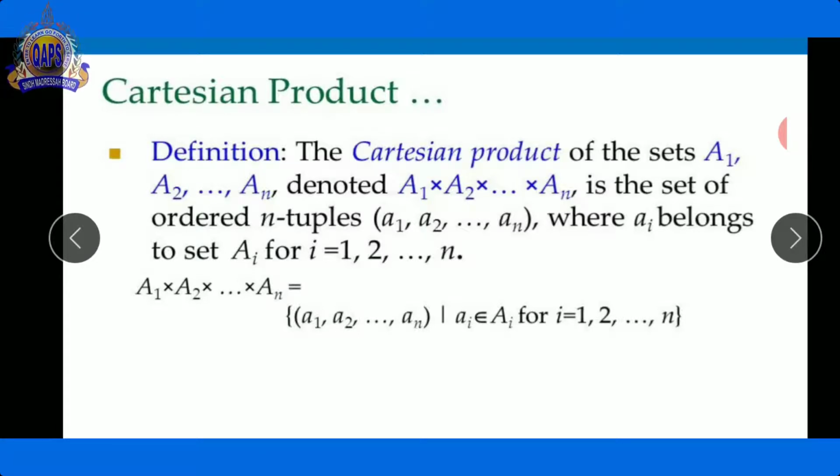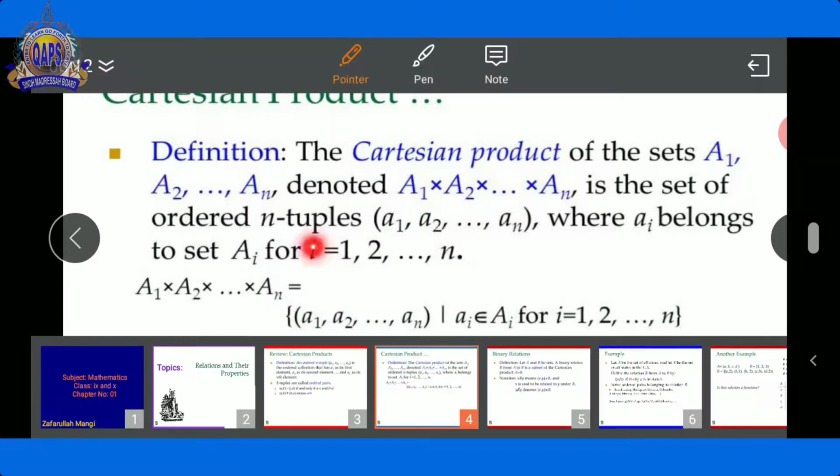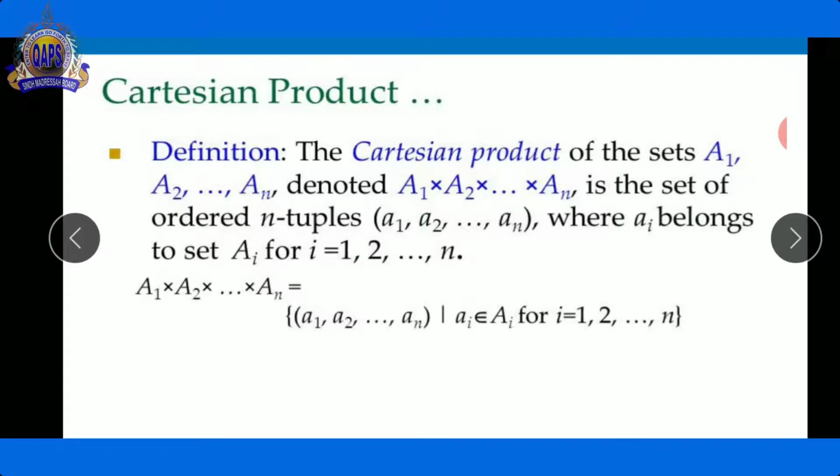Now see here, we have written the Cartesian product in this form, A1 cross A2 up to An, and this ordered pair represents this form. So all the elements belong to Ai, because this 1, 2, 3 up to n. So i must represent the sets of the elements. How many sets and how many elements in between these sets.